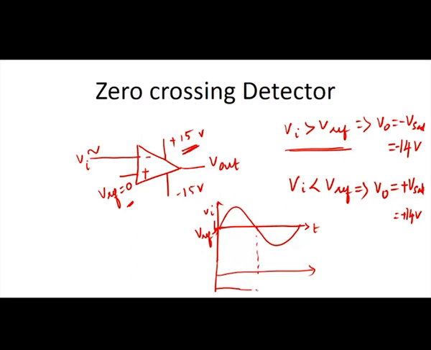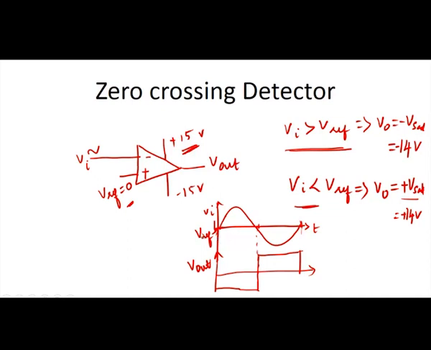If Vi is lesser than V reference, from this point to this point, V reference is greater in this case. It is given to the positive terminal, and so the output will be plus V saturation. So, the output gets transited. This is the output of this particular circuit, the zero crossing detector.